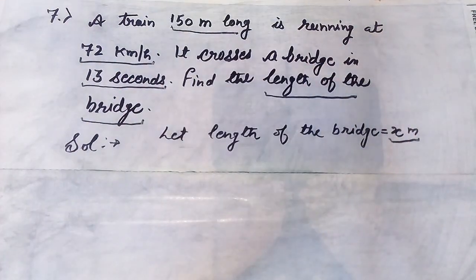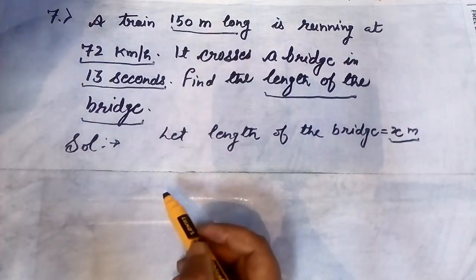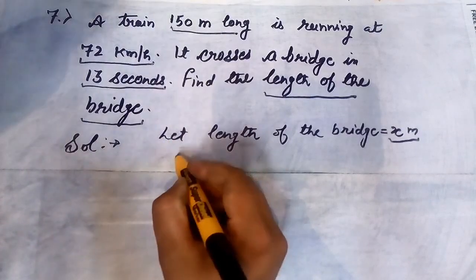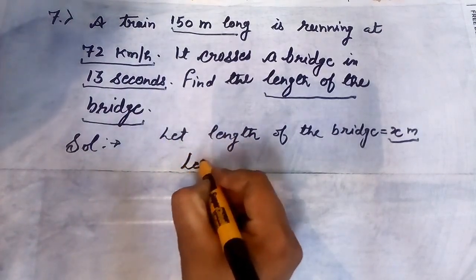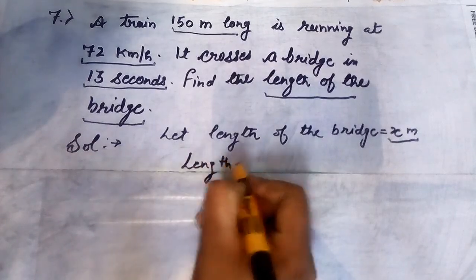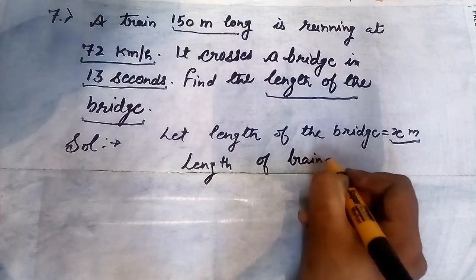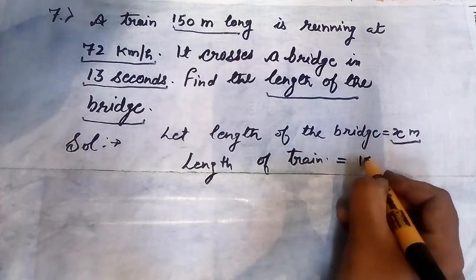And next is length of the train. Because it is given 150 meter long, the length of the train will be 150 meter. Now how much distance is covered by the train?